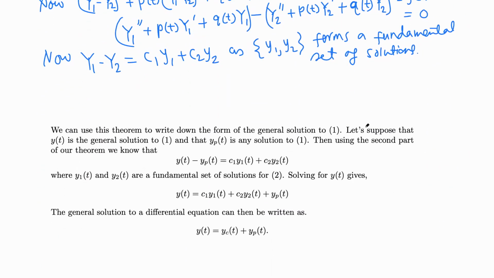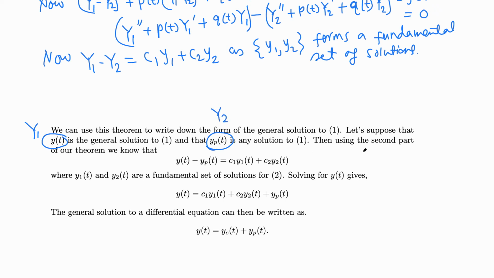Let's suppose that little y is a general solution of 1 and Yp is any solution to 1. I'm just saying this one is like uppercase Y1, and Yp is like Y2.